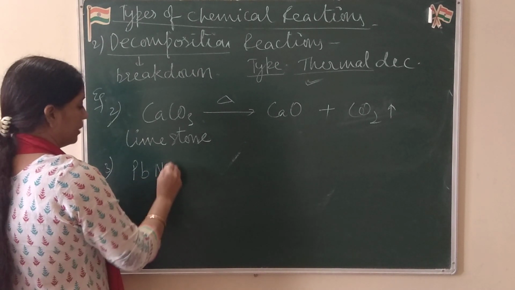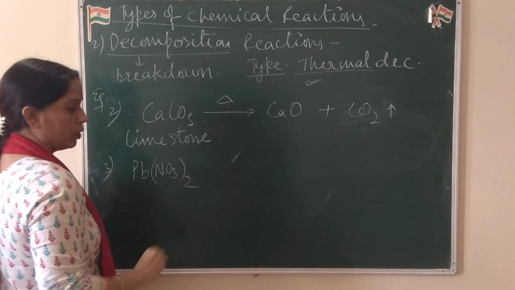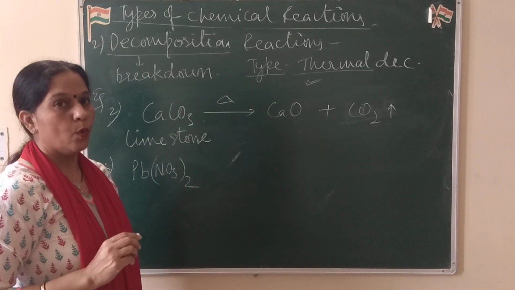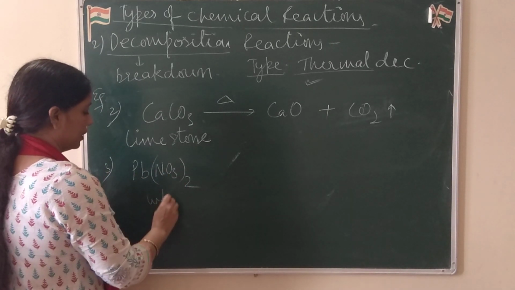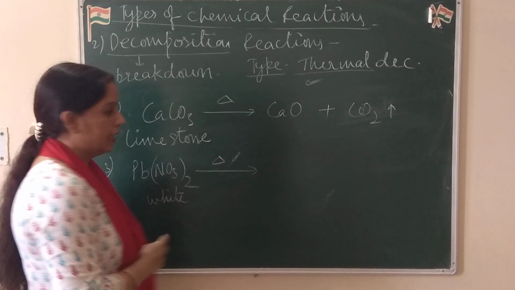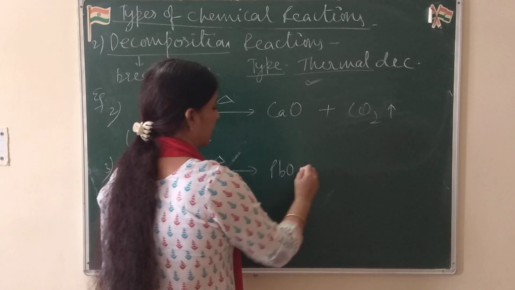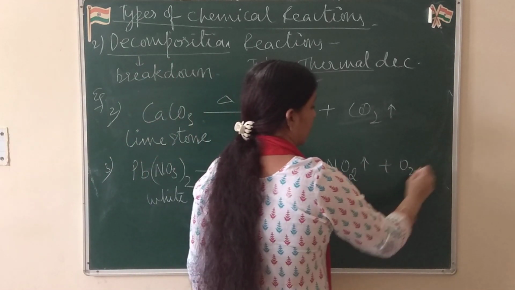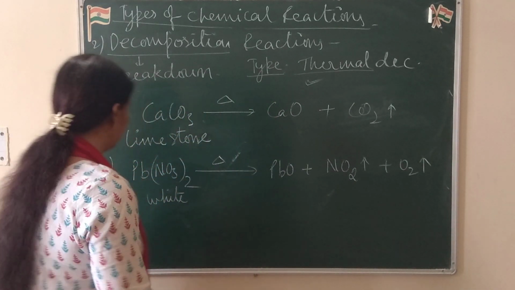Third example of thermal decomposition. Lead nitrate, Pb(NO3)2. It is present in the form of white crystals. When it is heated on a burner directly, it will form lead oxide, nitrogen dioxide and oxygen. Two gases are released.